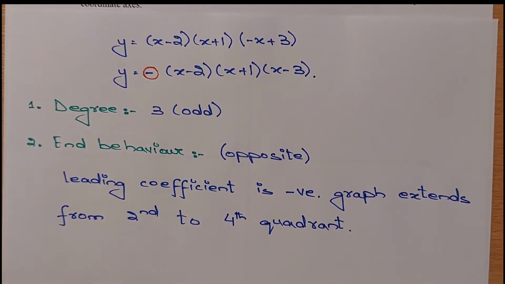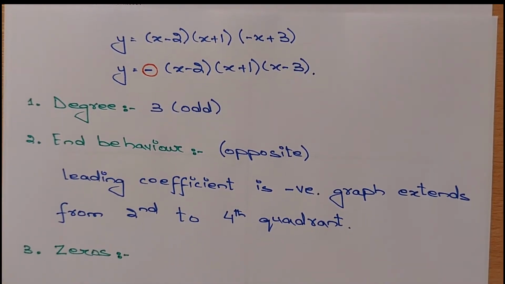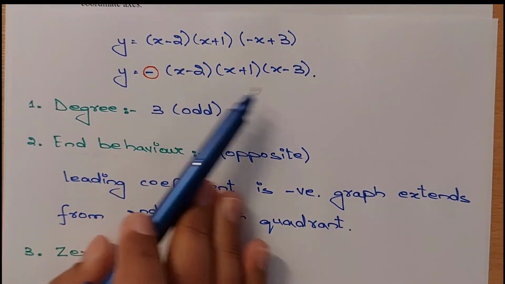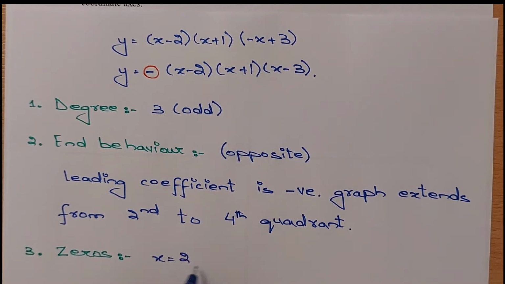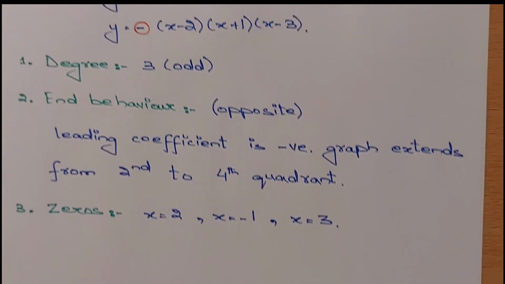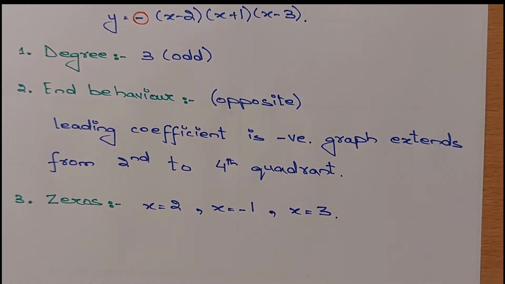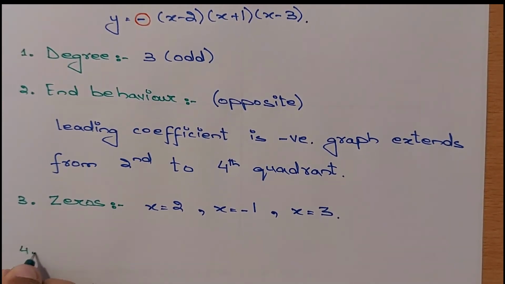Okay, now the third thing is we need to check the zeros or the x-intercepts. By putting all the factors separately equal to 0, we will get the zeros. So we have x equals 2, x equals minus 1, and x equals 3. These are the three zeros, right? Now the fourth step is we need to find the y-intercept.